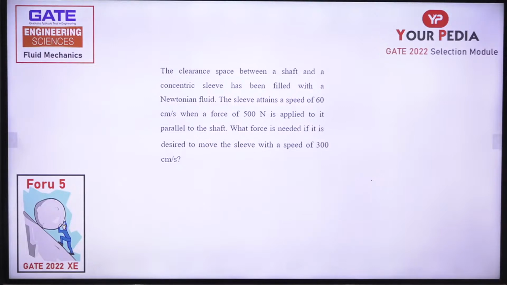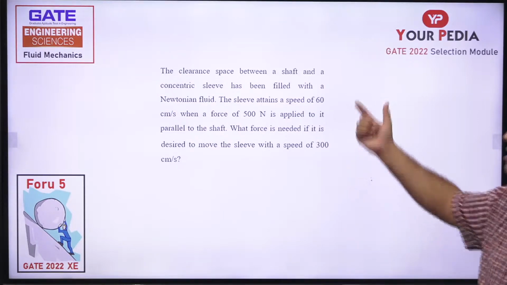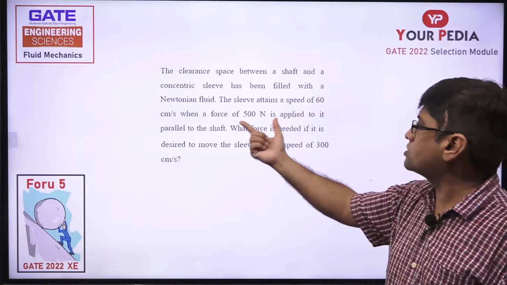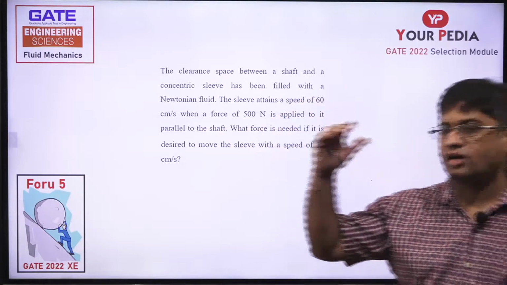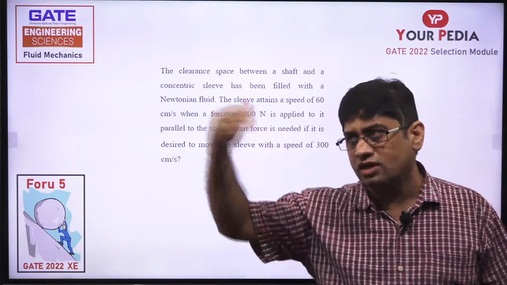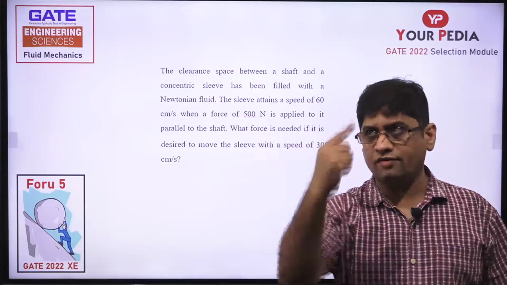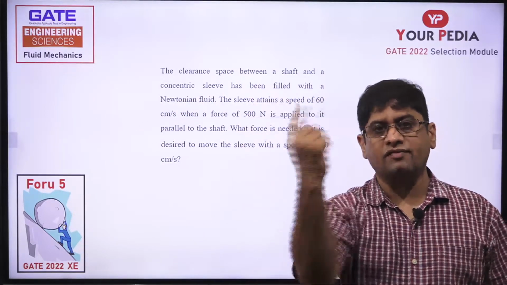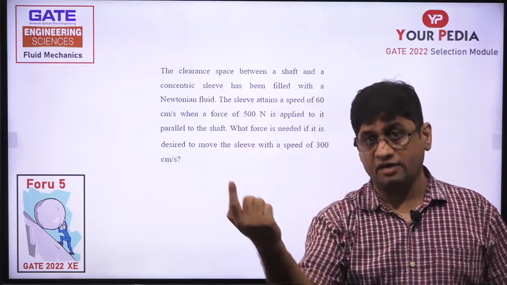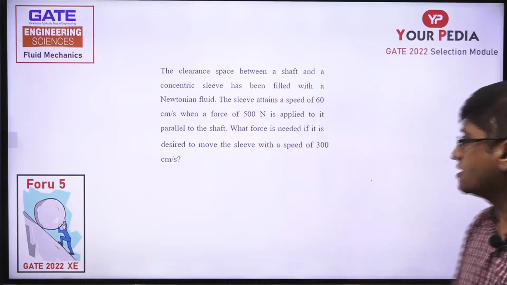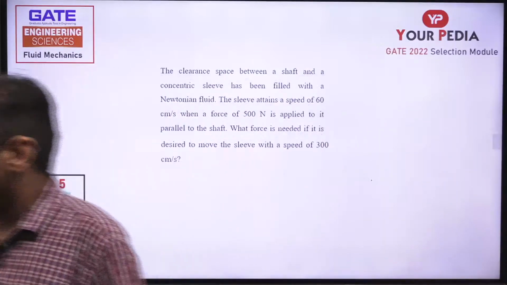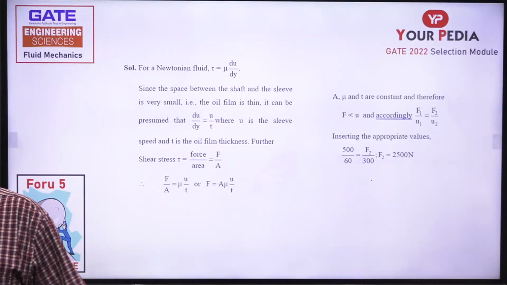What force is needed if it is desired to move the sleeve with the new speed? If this force gives this speed, what force will give this speed? That's the question. So can we make some kind of formula between force and speed? Shaft is not rotating, sleeve is rotating. It's cylinder inside cylinder, something like that. I'm very sure you can find the solution to this.